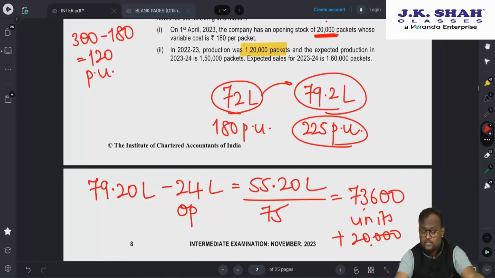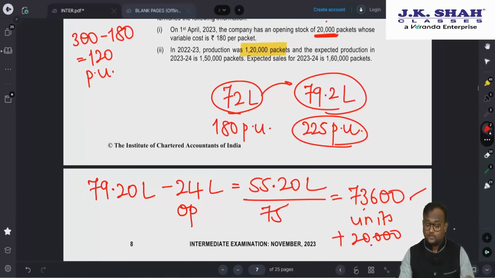Fresh quantity of the next year is having a different contribution because selling price is same 300, but variable cost has gone up to 225. So revised contribution per unit is only 75, which tells you that 73,600 must be your quantity to be produced plus 20,000 opening. So, your total break-even point is 93,600.